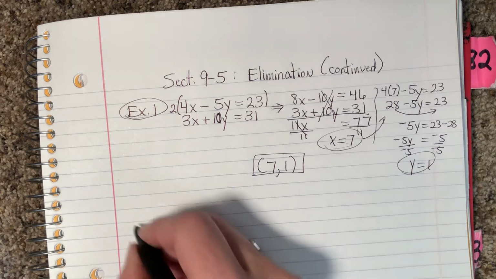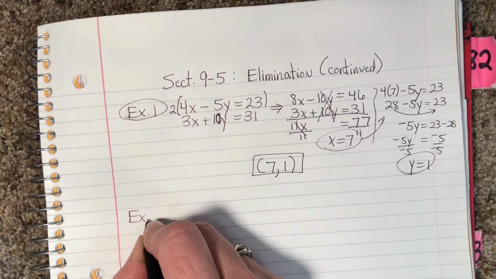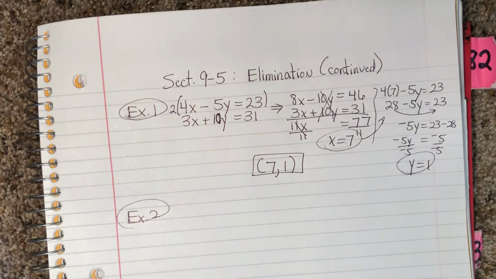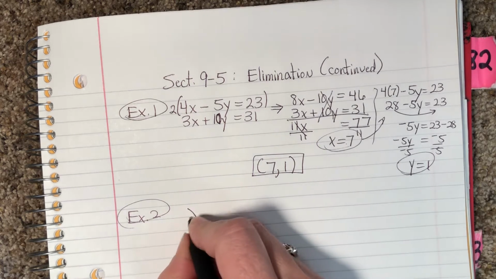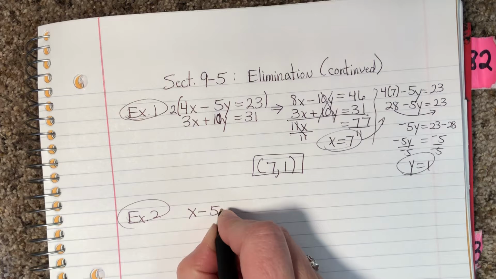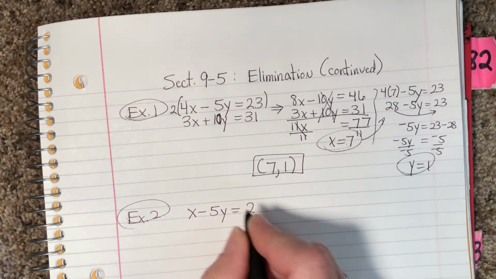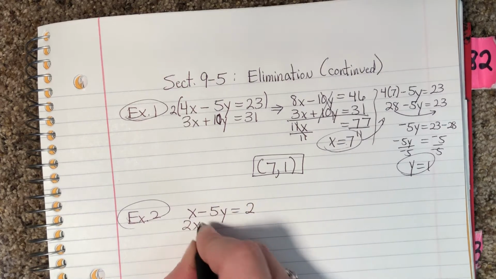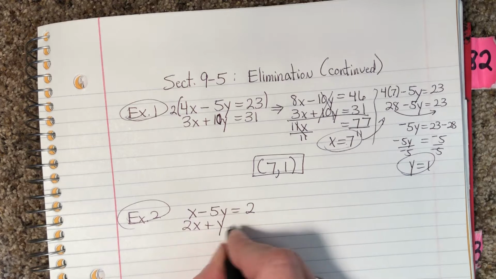All right, example 2. Let's try this. I'm going to do this one 2 different ways. So x minus 5y equals 2. 2x plus y equals 4.